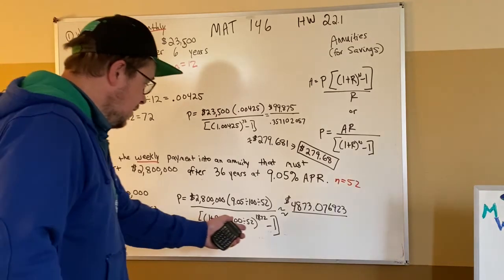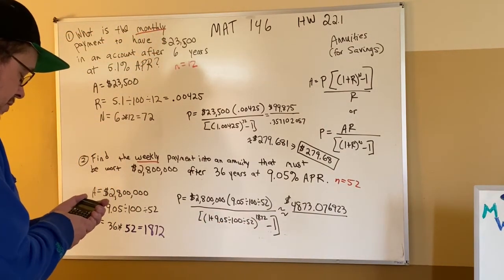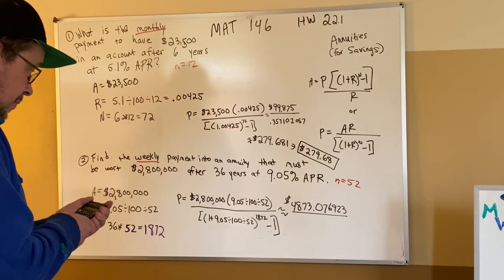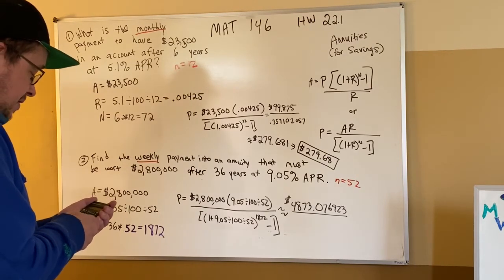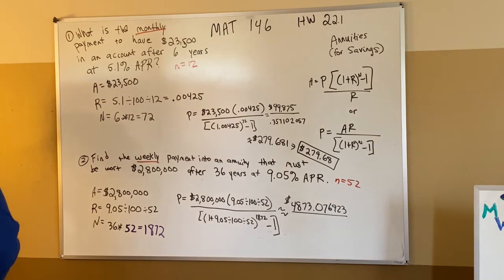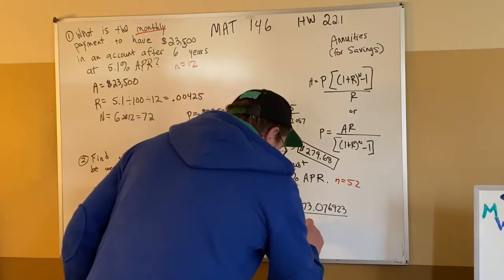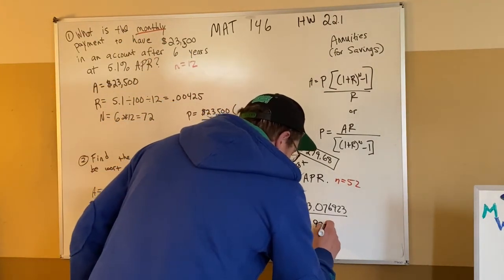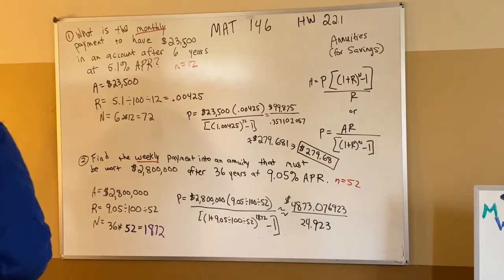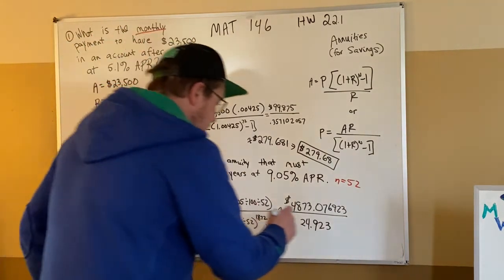But I took care of the parentheses, which now must be raised to the power of 1,872. And whatever that makes, I'm going to subtract 1 from. My denominator, 24.92397477.